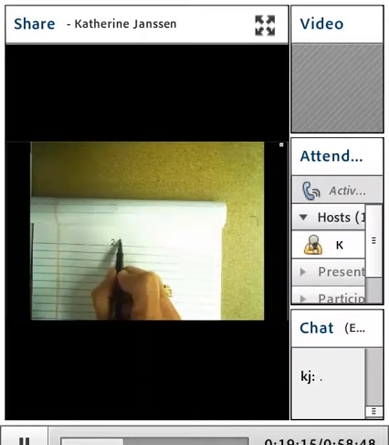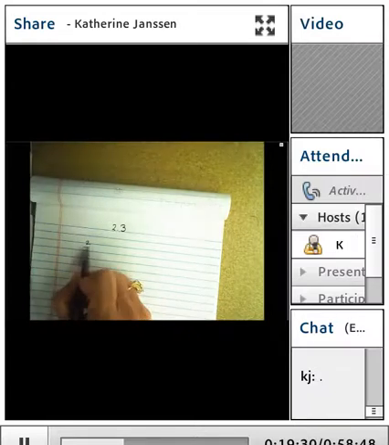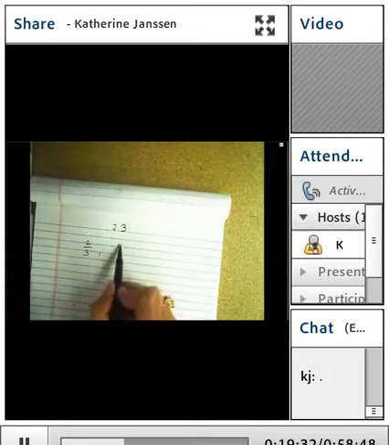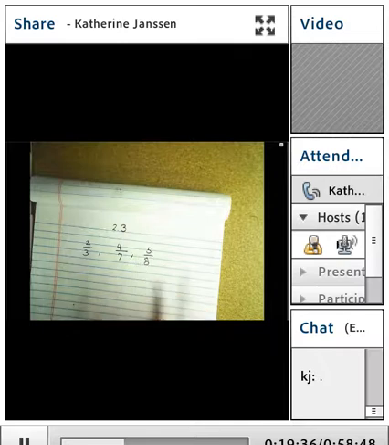Section 2.3. We're going to begin to discuss fractions. Numbers like 2/3, 4/7, 5/8 are called fractions.